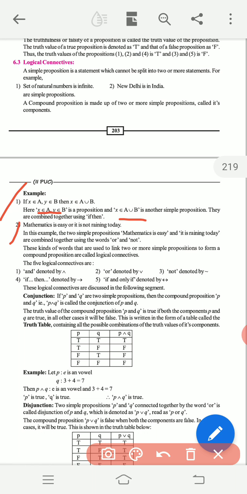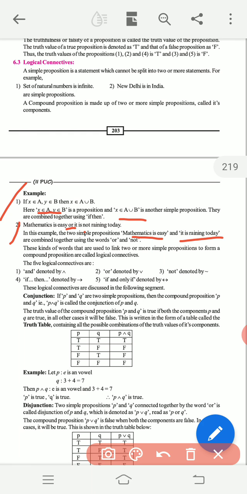The first one is mathematics is easy. The next one is it is not raining today. Mathematics is easy is one statement. It is not raining today is another statement. These two are combined into a compound proposition. Separately we can call them component statements. These two are connected by or and not.